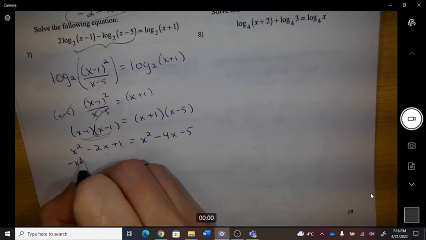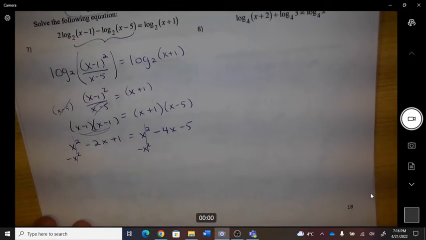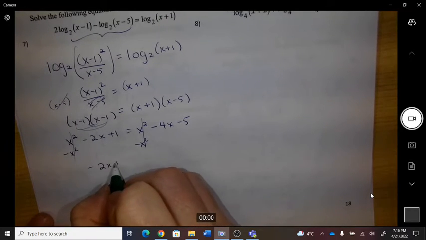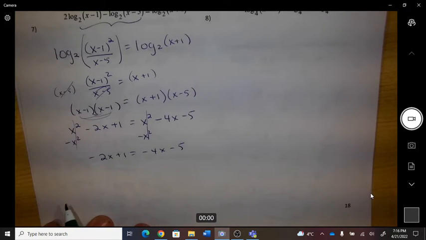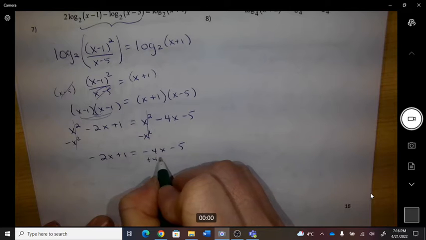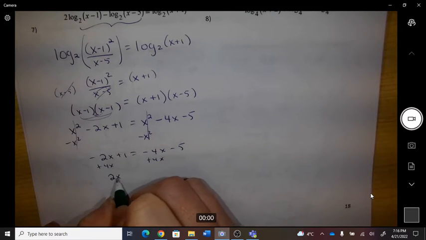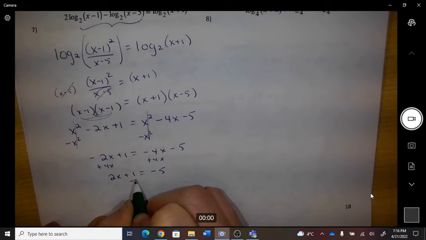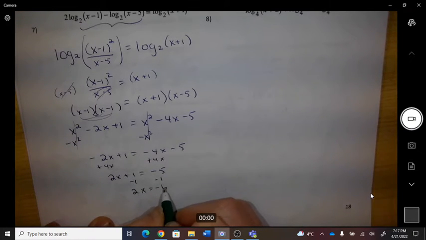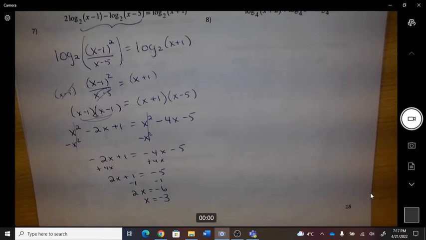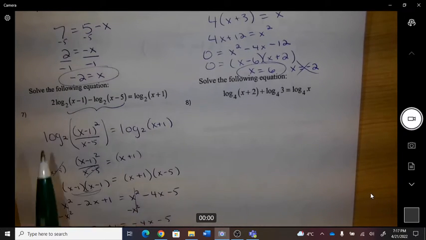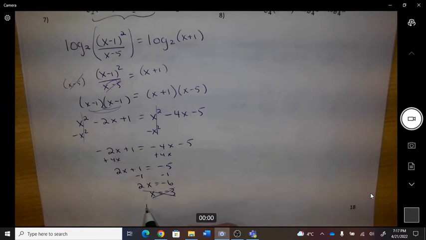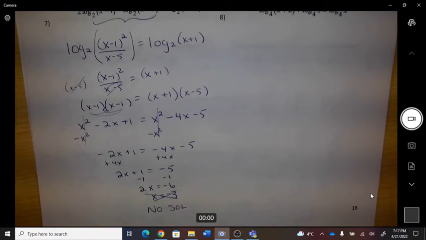So I'm going to minus x squared from both sides. Algebra, I'm just trying to collect, isolate, so I'm going to add 4x. I'm going to minus 1. So I get negative 3. And let's check that out. So negative 3 minus 1, ooh, that's not good. So now there's actually no solution that will work, because that was the only one we came up with.